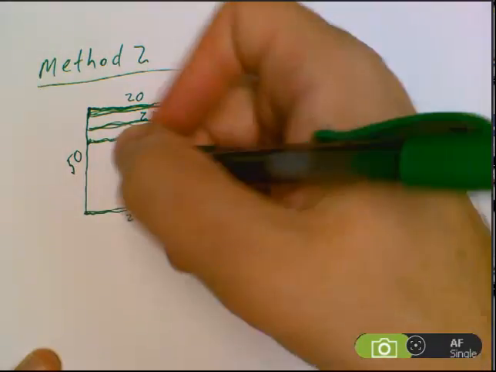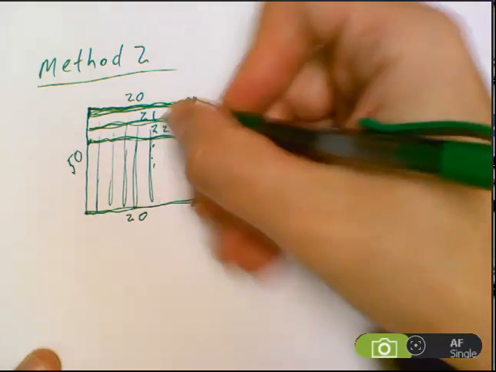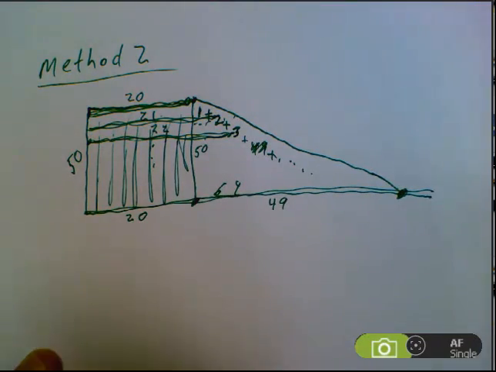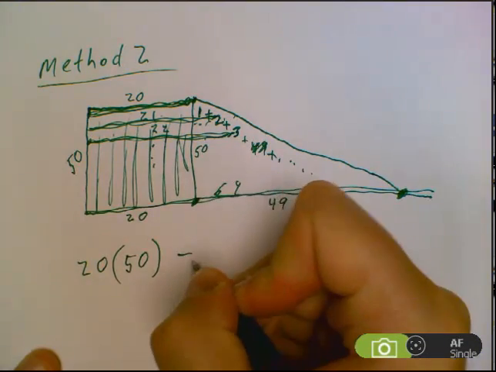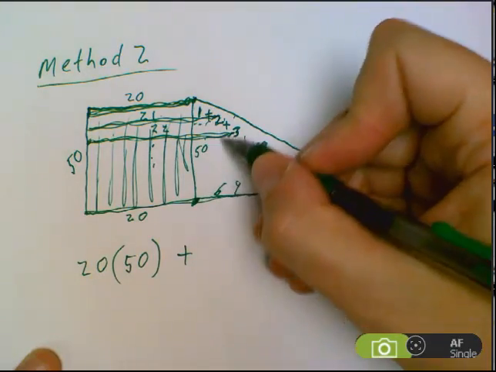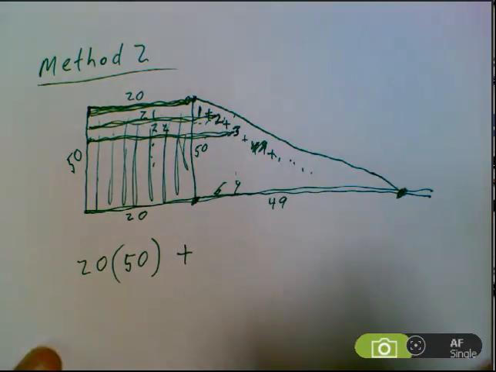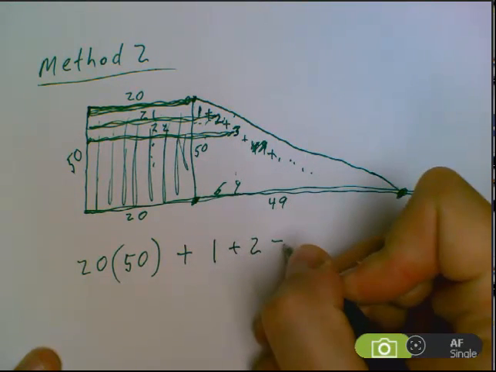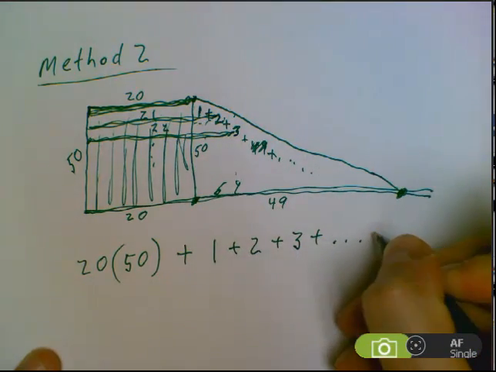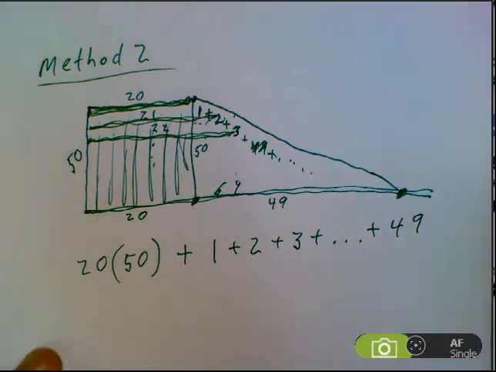So what we want to do is take all the seats in this area, and that's easy to figure out. That's just 20 times 50, plus all the seats in this area. That's going to be a sum, 1 plus 2 plus 3 plus ... plus all the way to 49.